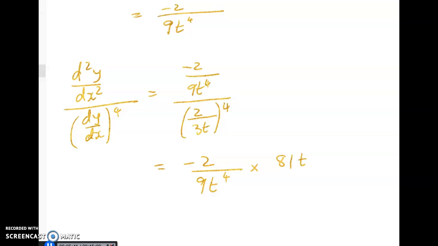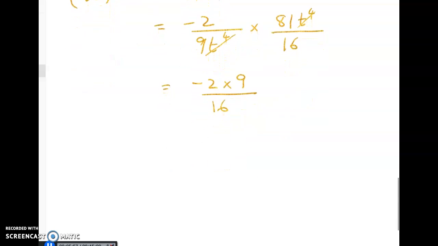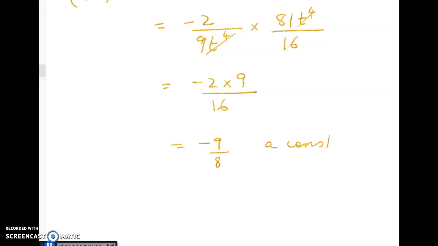We've got 81 t to the power of 4 over 16. And we can see that the t to the power of 4's simplify away, and we're left with negative 2 times 9 over 16, which is negative 18 over 16, or negative 9 over 8, which is a constant as required. So there you go.